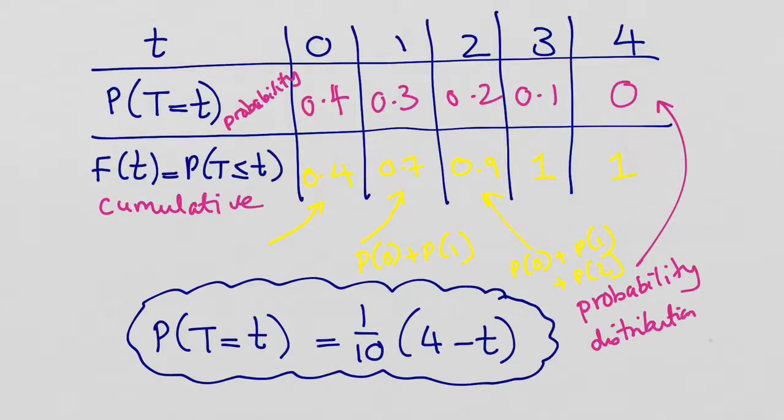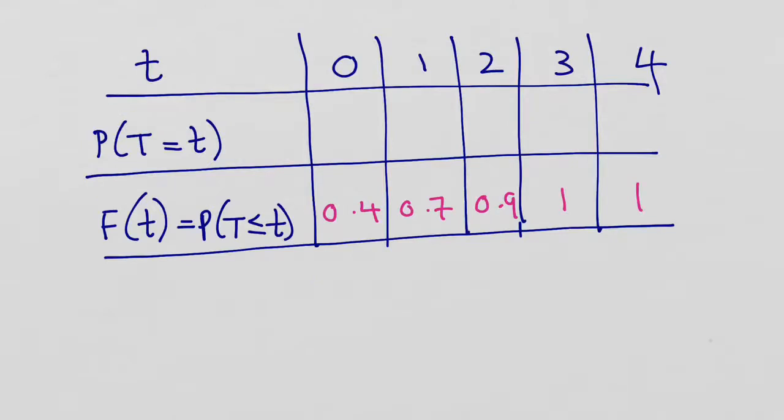Okay, now I'm going to show you, if you were given the cumulative distribution, how you can go back and work out the probability distribution. Okay, so here's the same table, but I've only got the cumulative distribution filled in.